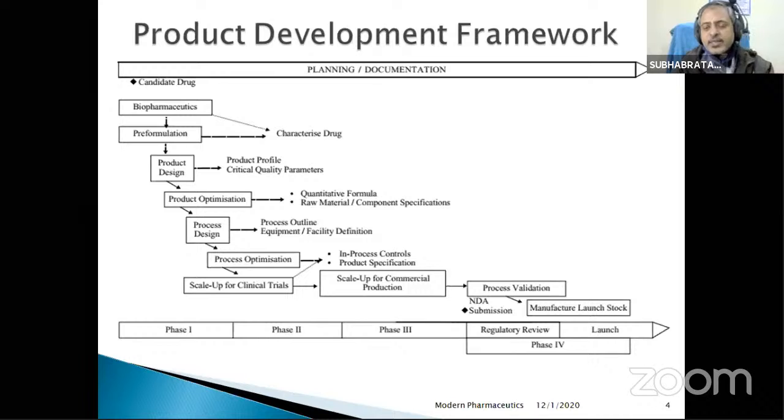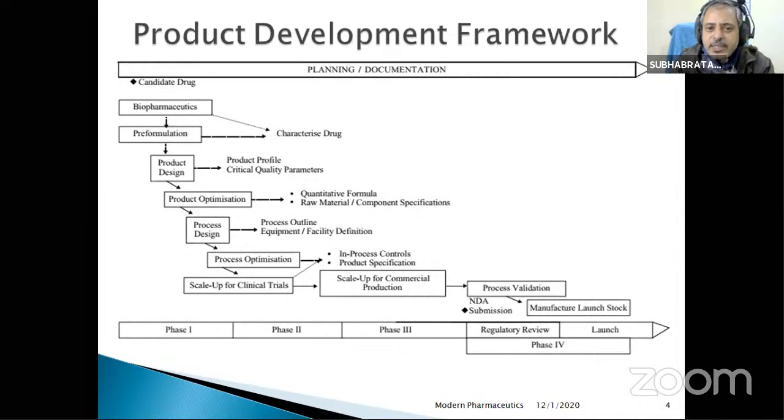Of course, keep in mind, it's a business interest that when you are in preclinical 00 or single zero phase, you are not sure whether you will get the NDA, okay, whether you will get the approval to your NDA, that is new drug application. So if you do not get the NDA, there is no point in going for further cost incurring by doing the pre-formulation study.